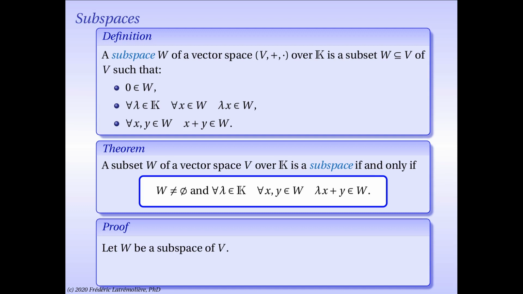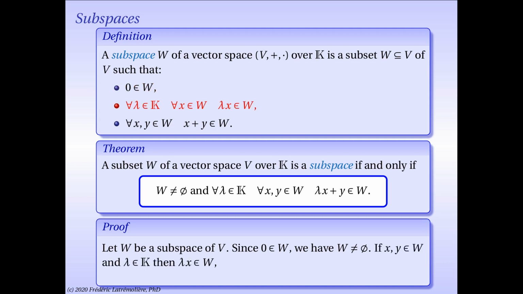First, let W be indeed a subspace of V. Let's prove that it satisfies the blue box statement of the theorem. So, first we note that since 0 by assumption is in W, as the first property of the definition, which is now highlighted, shows, we must have that W is not empty.